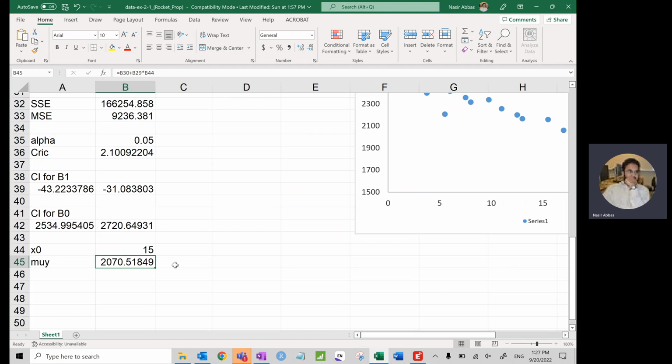This is the estimated mean strength of propellants which are 15 weeks old. It's mu hat, not mu. I don't have a hat symbol in Excel, so it's written without it.